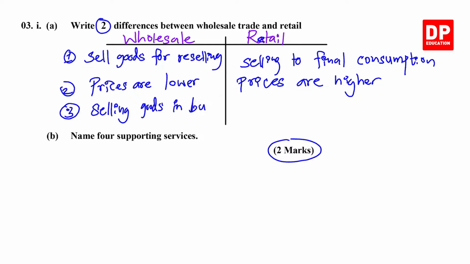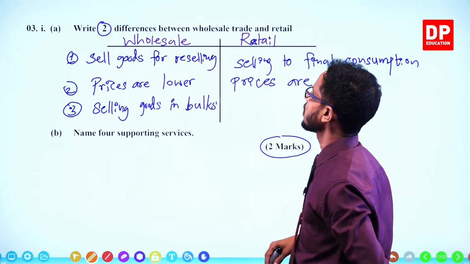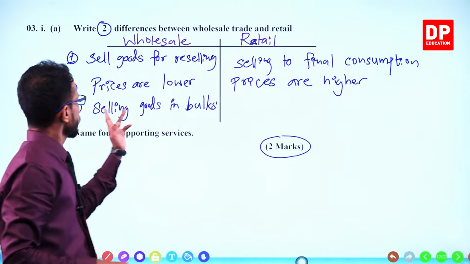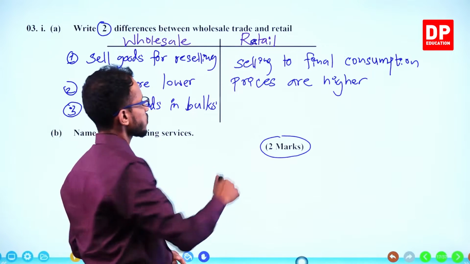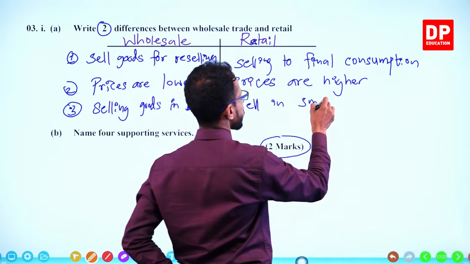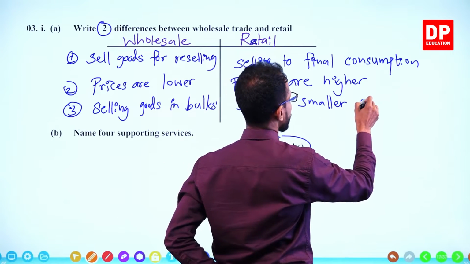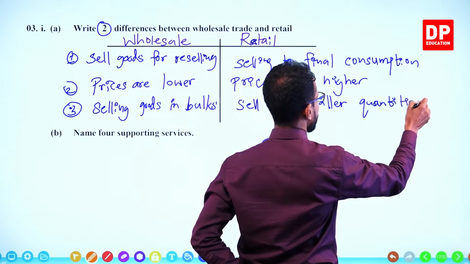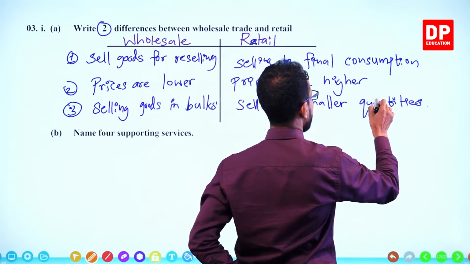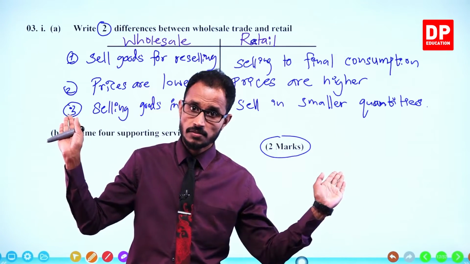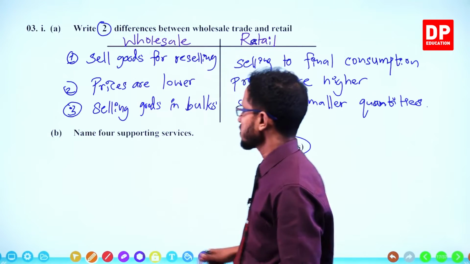But retailers, they sell in smaller quantities. Done. Both sides filled. Next question.